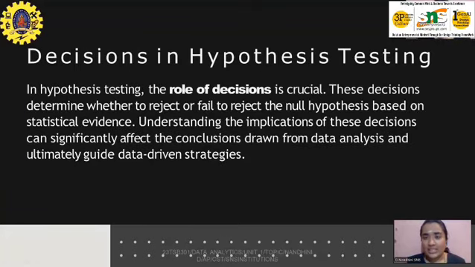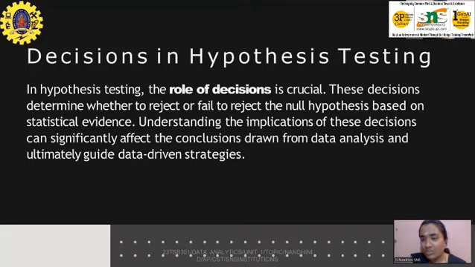Next is decisions in hypothesis testing. In hypothesis testing, the role of decision is crucial. These decisions must determine whether the null hypothesis is rejected or we fail to reject it, based on statistical evidence.